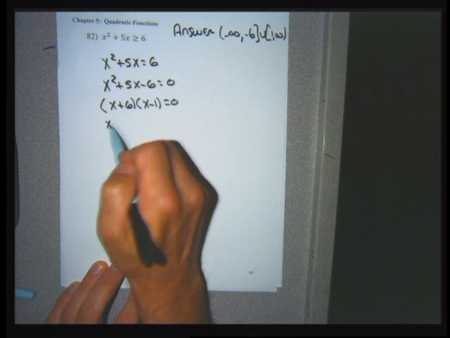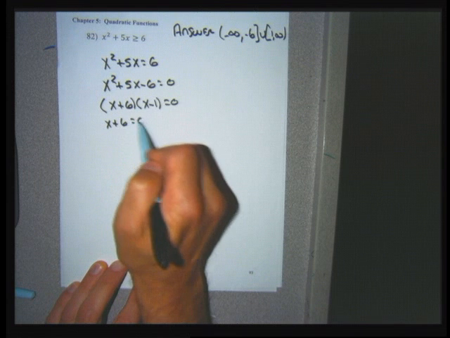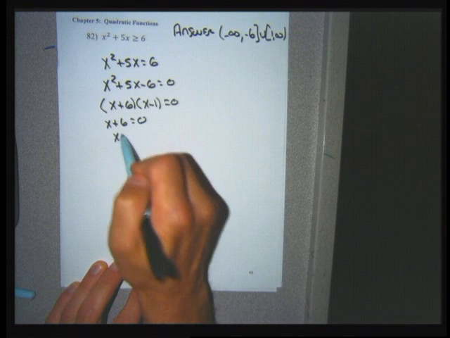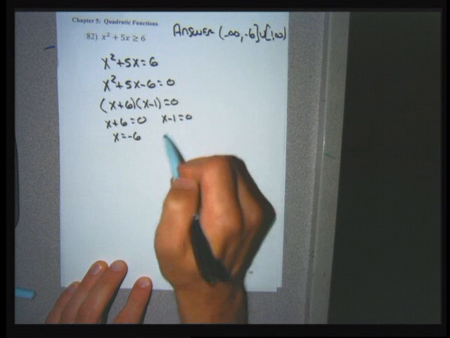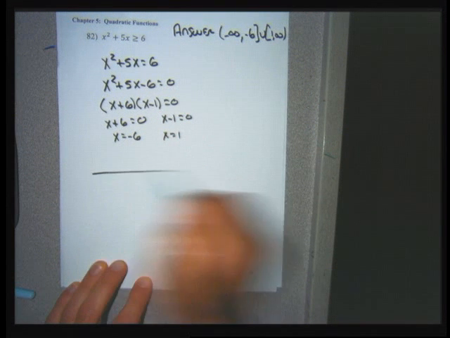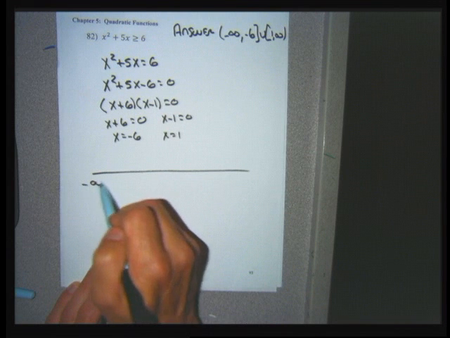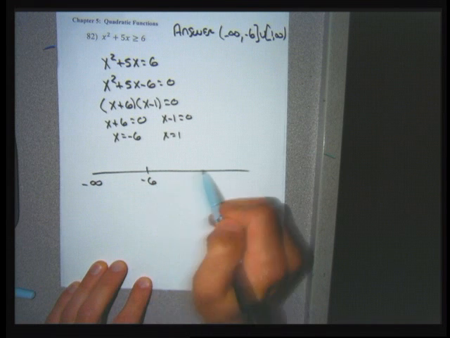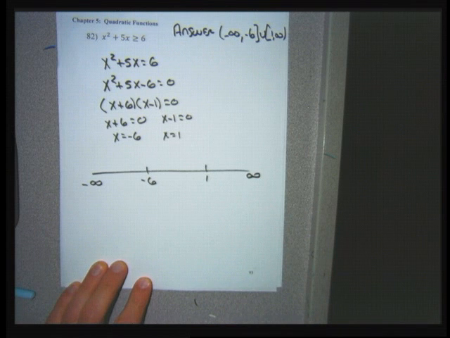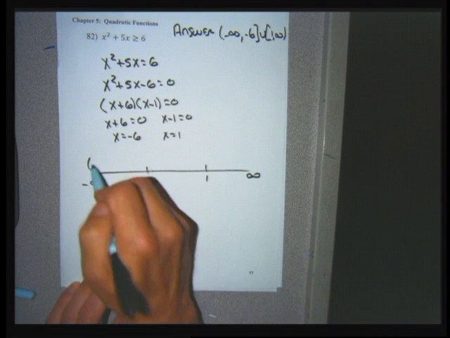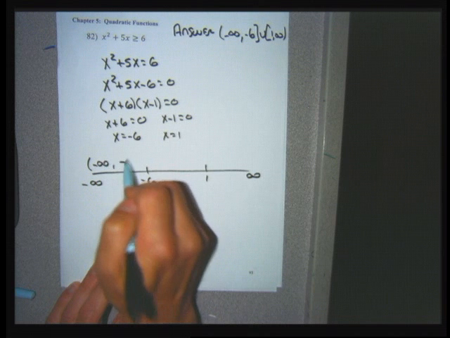Then do x plus 6 equal to 0. You get x equal to negative 6, x minus 1 equal to 0, x equal to positive 1. So I'm going to get negative infinity, negative 6, positive 1, positive infinity on my number line. I'm going to need some square brackets on the negative 6 and the 1 because of the or equal to.